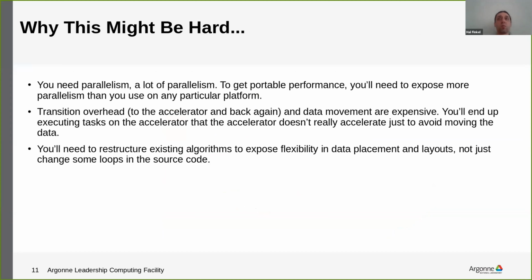Modern GPUs can run tens of thousands of simultaneous threads, or at least need that many schedulable in order to do latency hiding. And so it's really important to think structurally about how you're going to have your application expose that level of parallelism in order to make effective use of the resource.